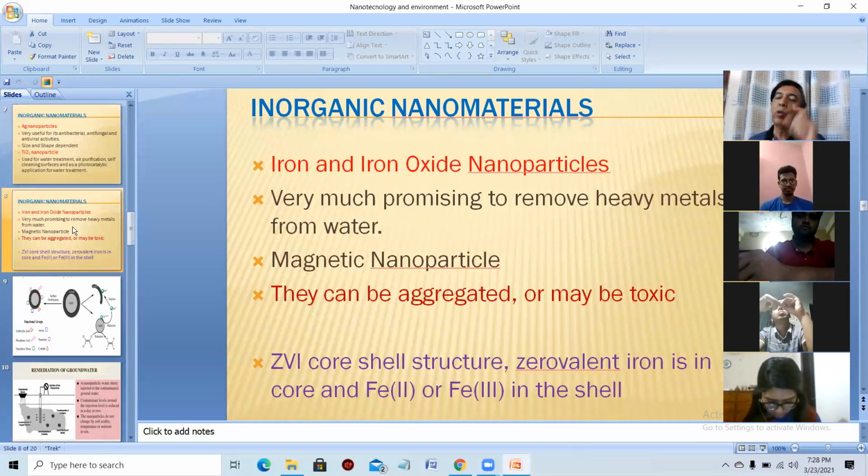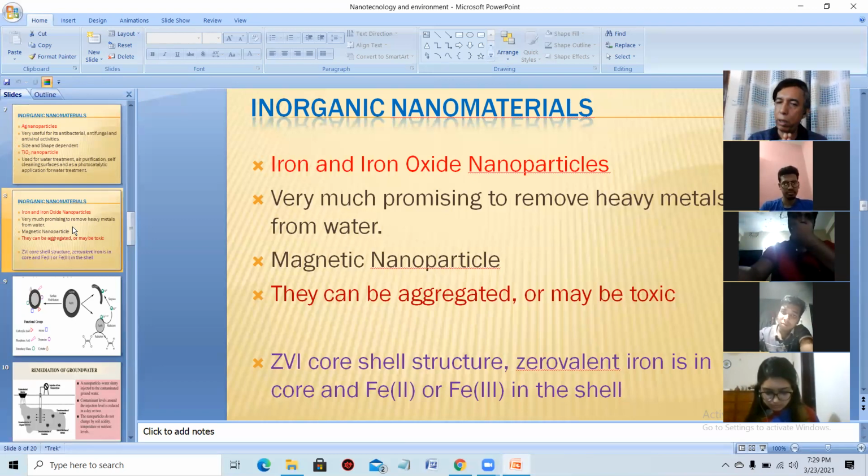We have to separate the nanomaterial that we have used from the solution. It is a very important point. So either the nanomaterials will be biodegradable, or they should be separated, or they should be regenerated. Something must be done with that nanomaterial.